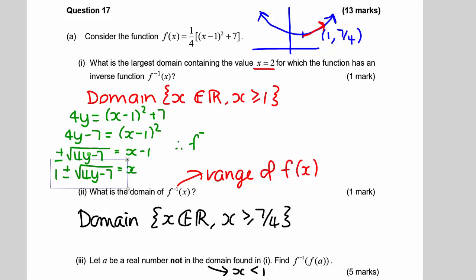Therefore, the inverse function is 1 plus or minus the square root of 4x take 7. So there's our inverse function.